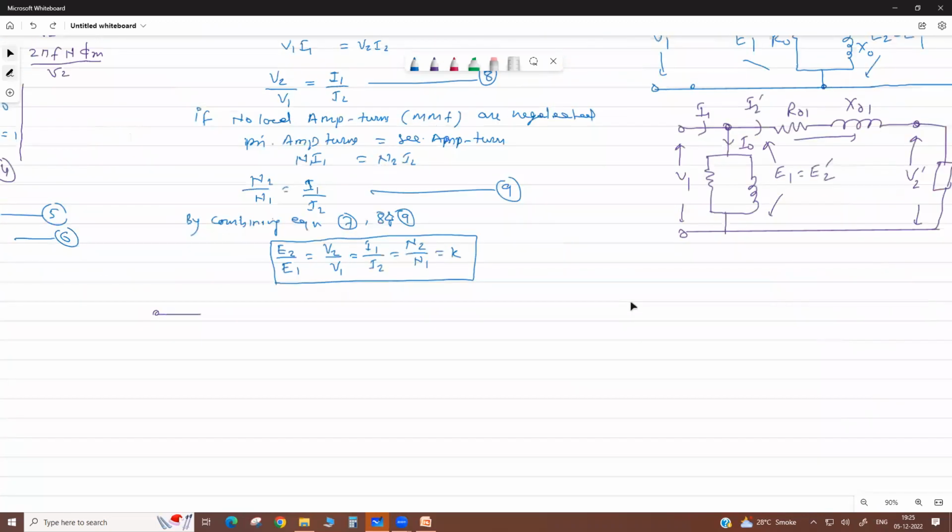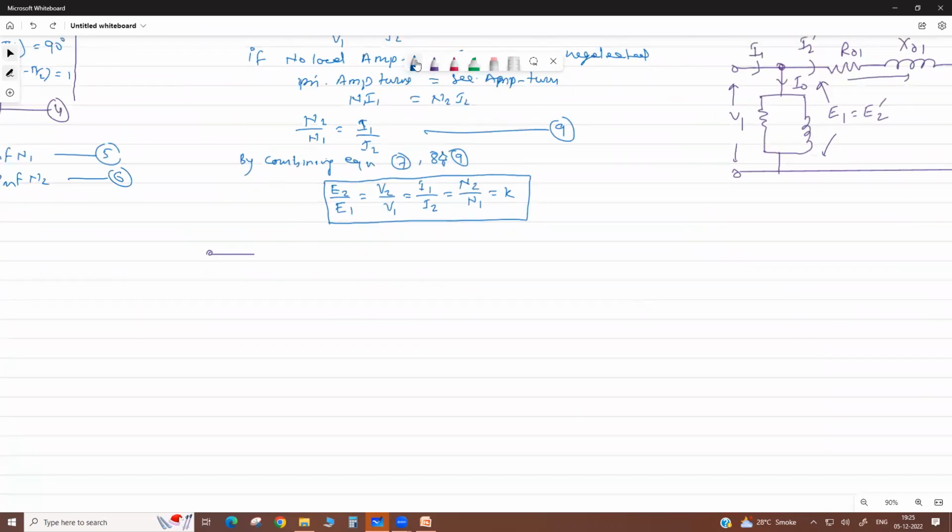In the exact equivalent circuit, this is your primary resistance and primary reactance, then this is your magnetizing branch, as referred to the primary side, then your secondary resistance and secondary leakage reactance.